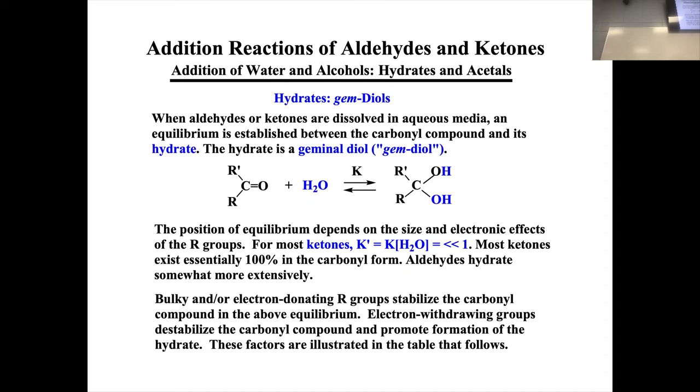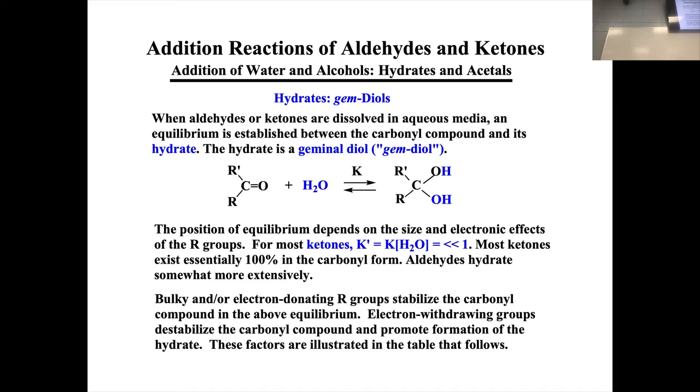We're just adding water across the carbon-oxygen double bond. This is called hydration, just like it was when we did the addition of water across a carbon-carbon double bond, okay? You typically have to have a little acid for this to work. You don't need a whole lot, it's catalytic. And so sometimes when you put a ketone or an aldehyde in water, it will form these so-called hydrates pretty easily, okay?